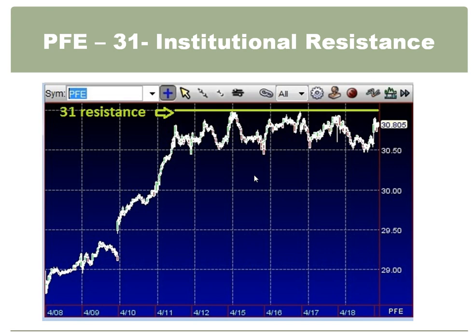The average daily range in Pfizer is 40 cents. It takes volume to get through there. If it happens early in the day, especially on the open when the high frequency traders aren't as apt to participate, then you have a higher chance.